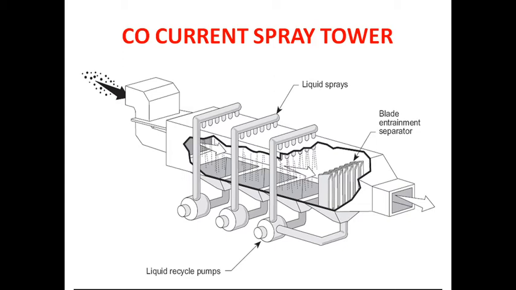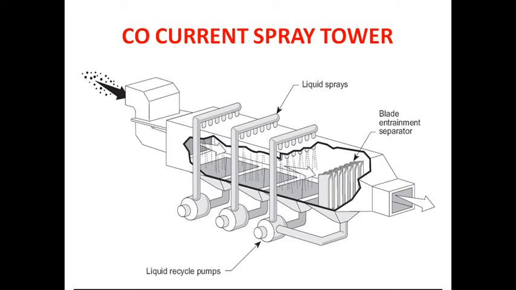Gas velocity is higher than counter current spray tower. What is the range of gas velocity in counter current spray tower? 0.3 to 1.2 meters per second. Compared with this range, the co-current spray tower gas velocity ranges are higher. Are you clear or not?